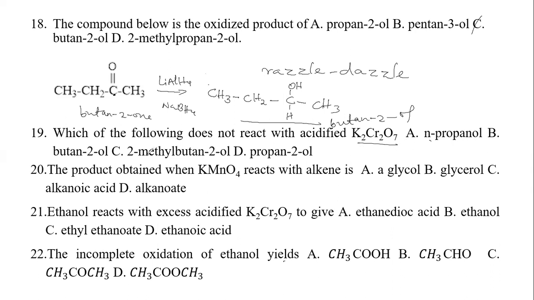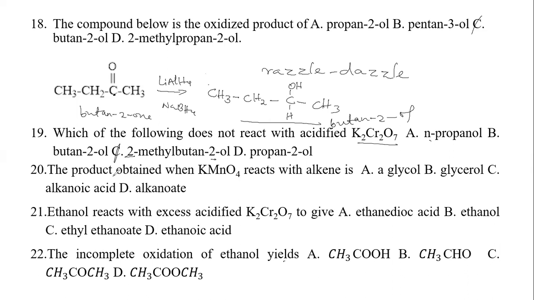B, this is butan-2-ol. Butan-2-ol will be oxidized to butanone because it's a secondary alkanol. 2-methyl, can you see this one? That is one of the vital ways to identify a tertiary alkanol. So a tertiary alkanol does not react with an oxidizing agent. Therefore, option C is going to be the correct answer.